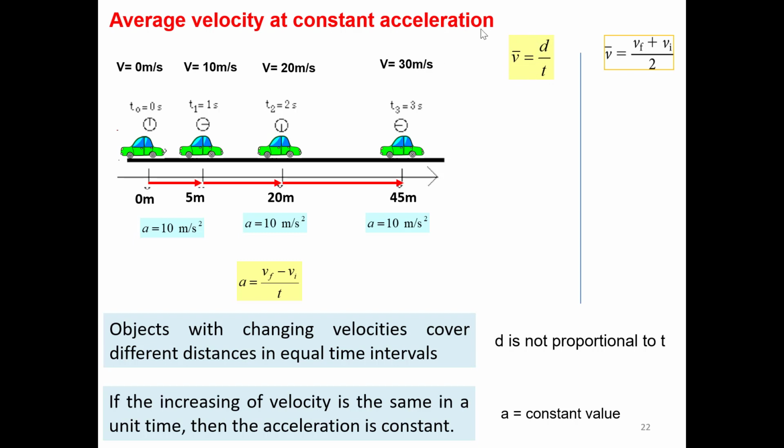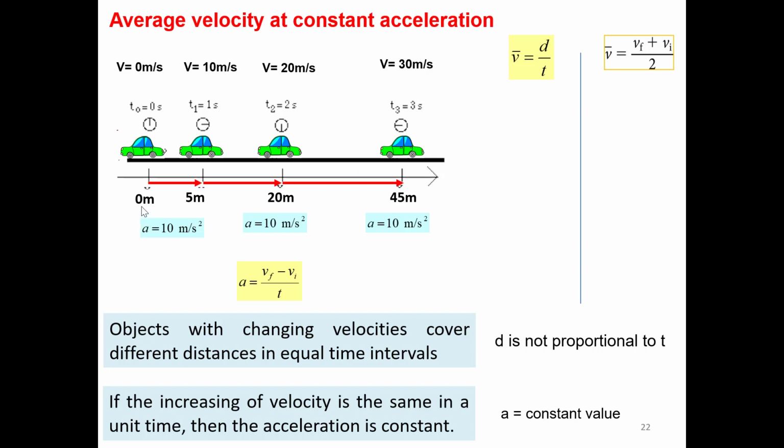In the case of constant acceleration, the velocity increases by the same amount in the same period of time. This is why it increases by 10, then by 10 in the next second, and then by 10 again. We already discussed that. We can calculate the average velocity by dividing the distance by the time, but now we want to find another way to calculate the average velocity if the acceleration is constant.